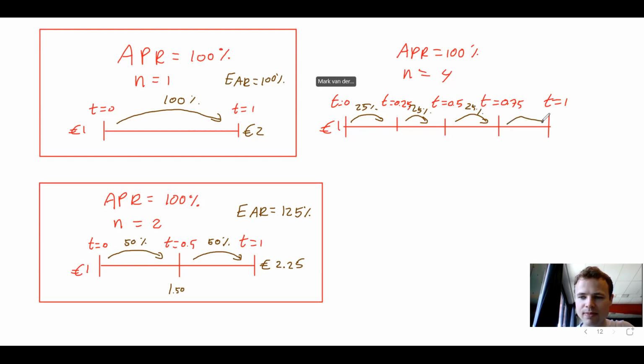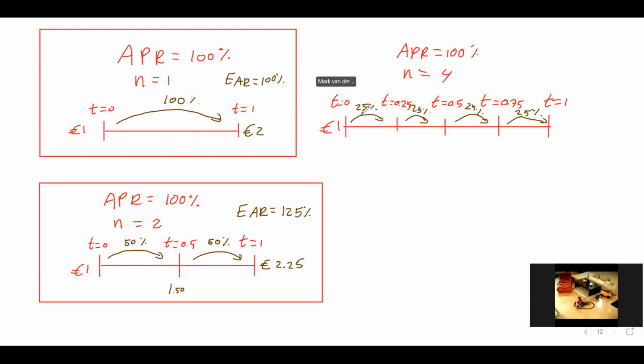The question is, with how much do I end up? And to do that, you take your starting value, which is 1, times 1.25 to the power of 4. Do you agree with that? €1 times 1.25 to the power of 4.